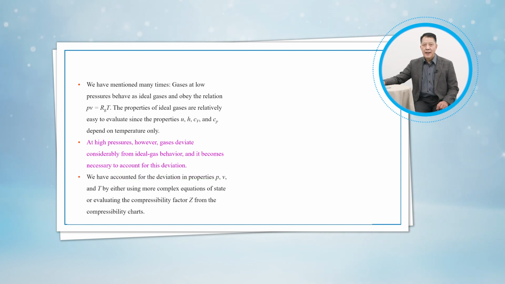We have accounted for the deviation in properties P, V, and T by either using more complex equations of state or evaluating the compressibility factor Z from the compressibility charts.